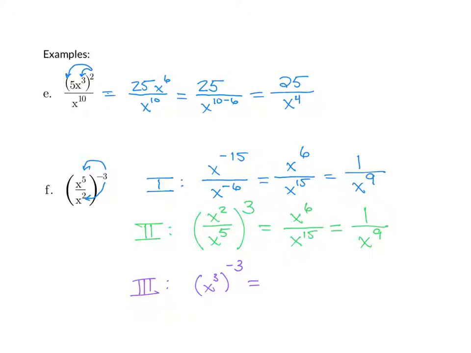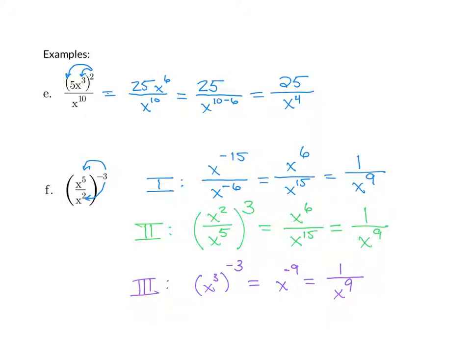Now I can use my power rule. We want to multiply our exponents, so we get x to the negative 9. And now I can flip this to the bottom, and we get 1 over x to the 9th.